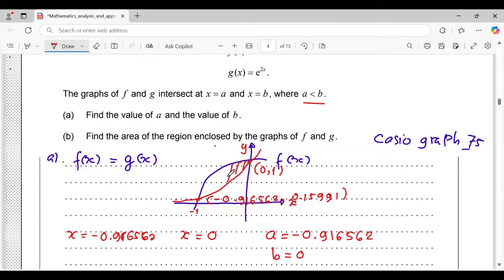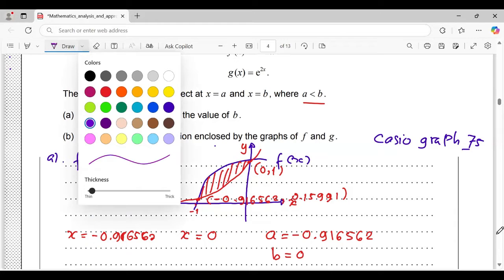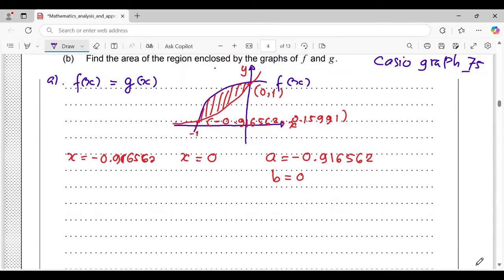So we are going to calculate this area by integral from -0.916562 to 0 of f(x) minus g(x) dx.